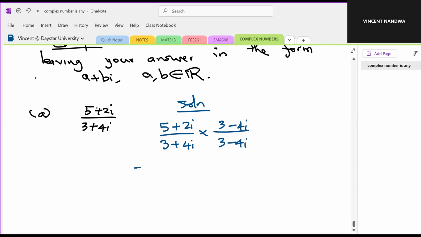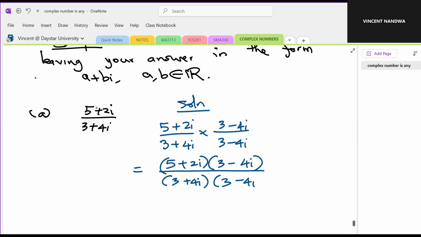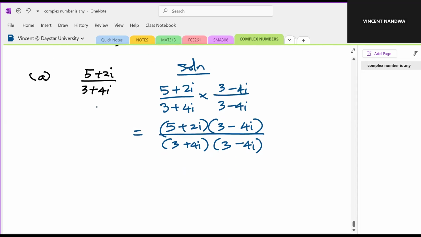And so you write it as 5 plus 2i times 3 minus 4i over 3 plus 4i times 3 minus 4i. So that's what you do. And now it turns out just to be a problem of finding the product of two complex numbers.